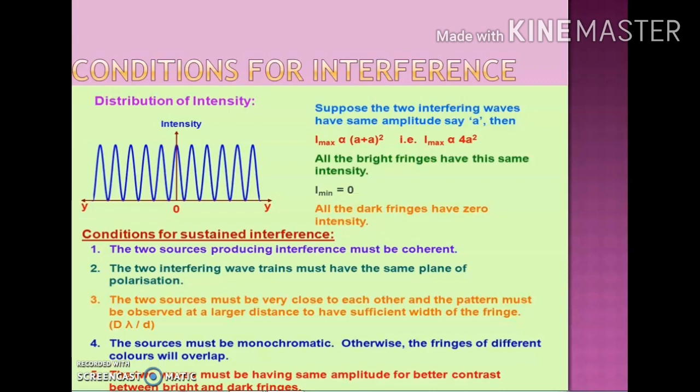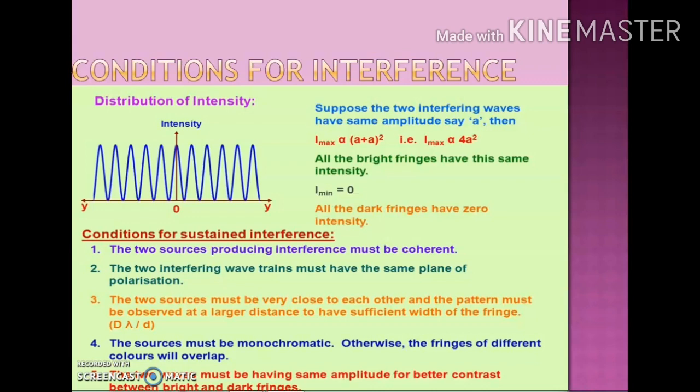Before doing that, I would like to explain this figure to you, the distribution of intensity. When two waves having the same amplitude A superimpose on one another, then due to constructive interference we will get the maximum intensity, directly proportional to 4A square, as you can see, and we will get the bright fringes.